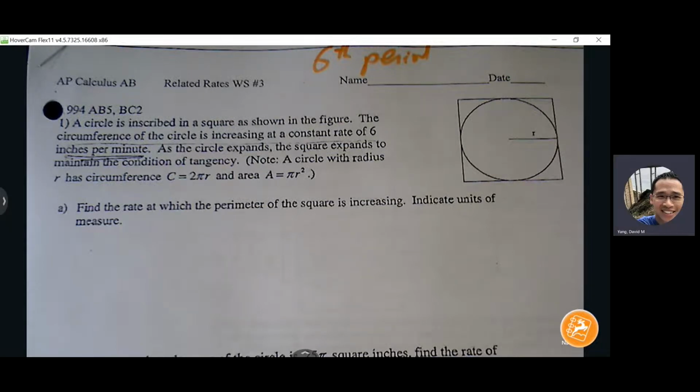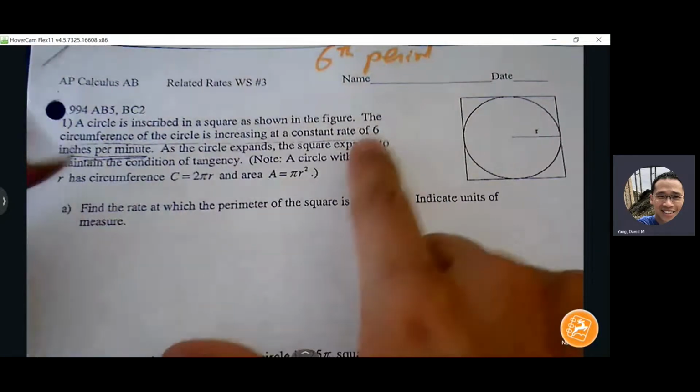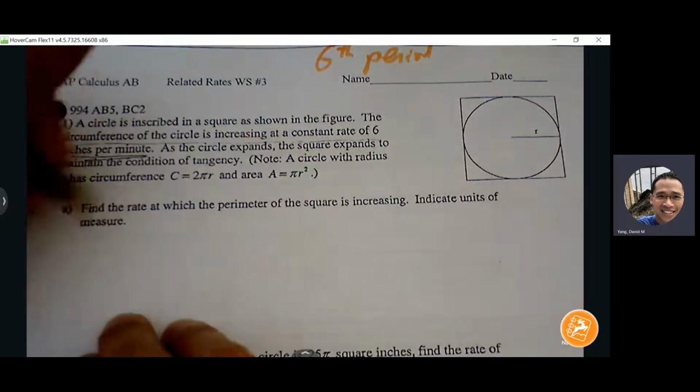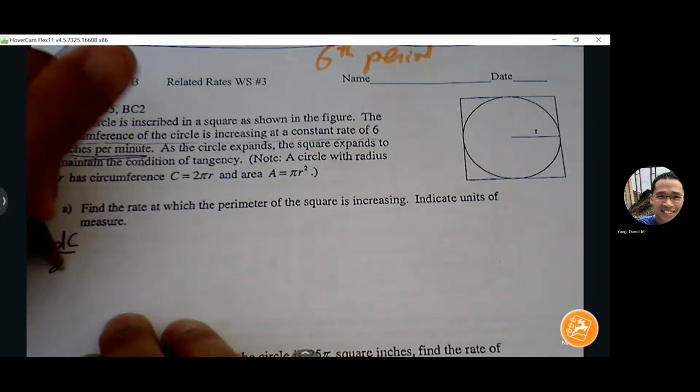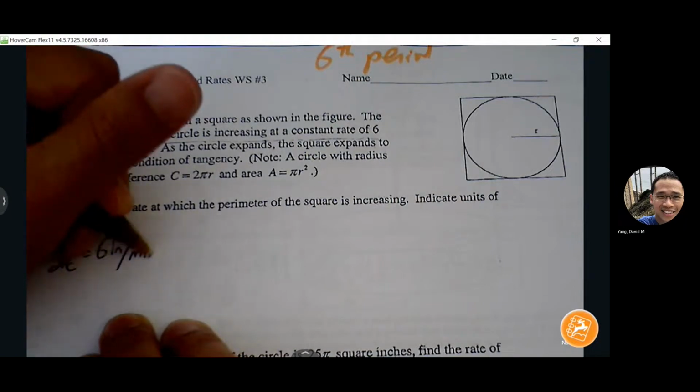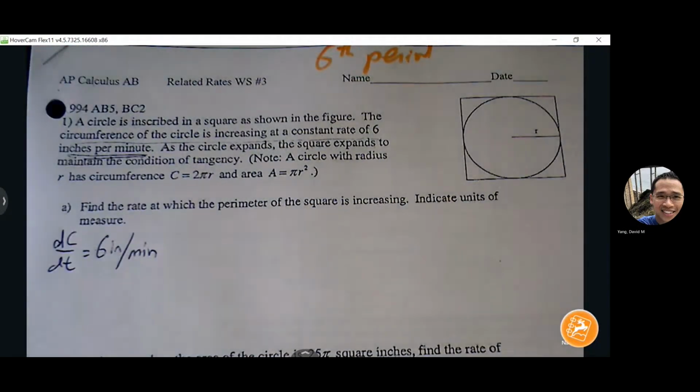Right, circumference is C, rate of change is dC/dt, and positive or negative? Positive, we see the word increasing.